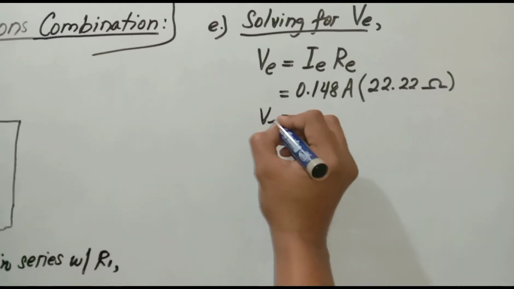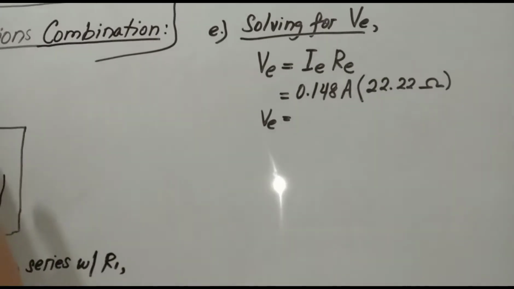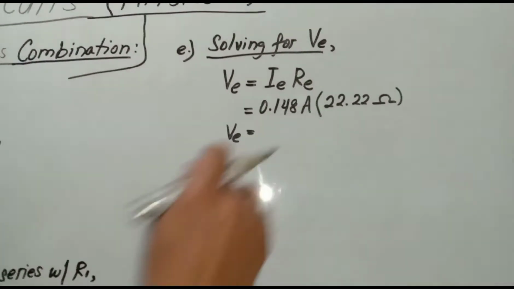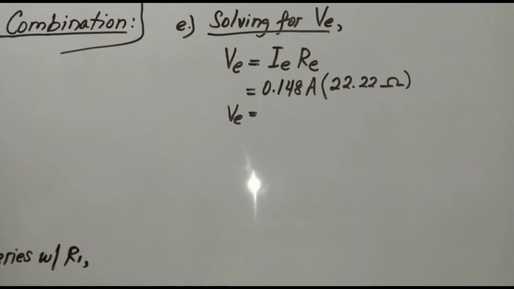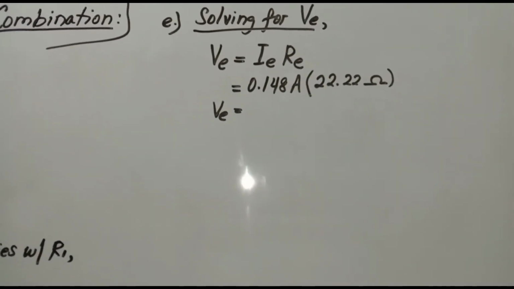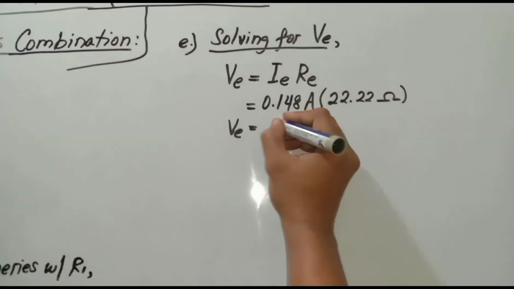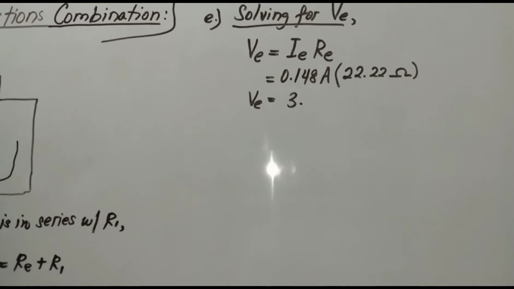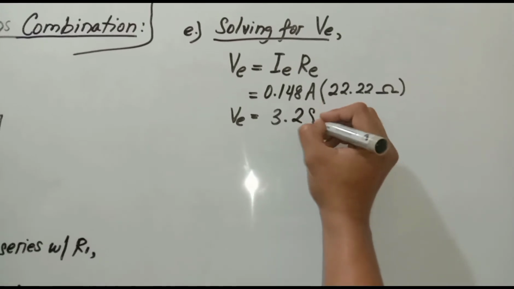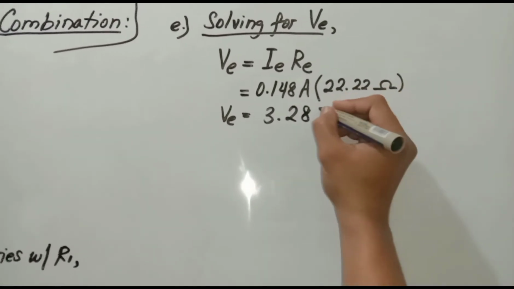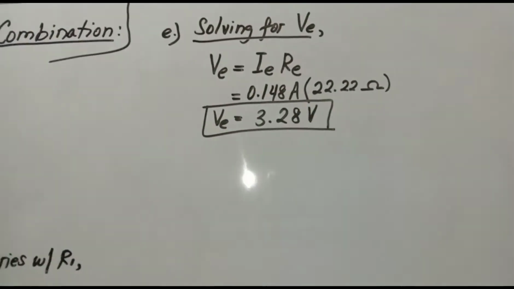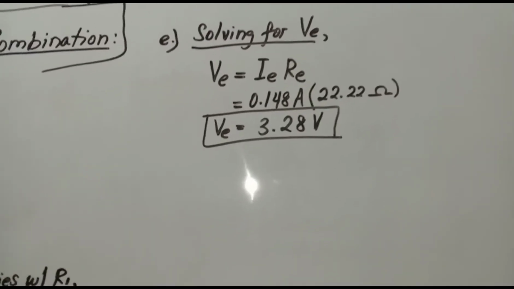So VE, the voltage drop across these two resistances, let me calculate, guys: 0.148 ampere times 22.22 ohms is equal to 3.28 volts. So we have already solved for this VE.